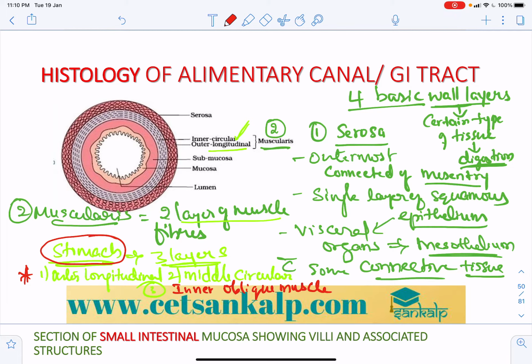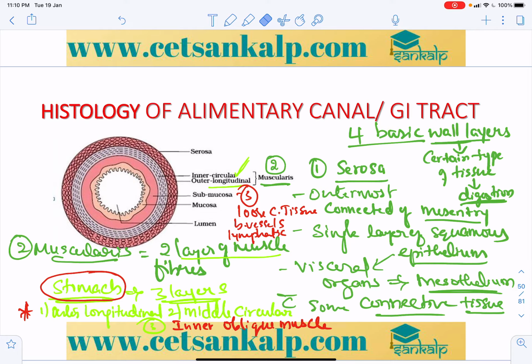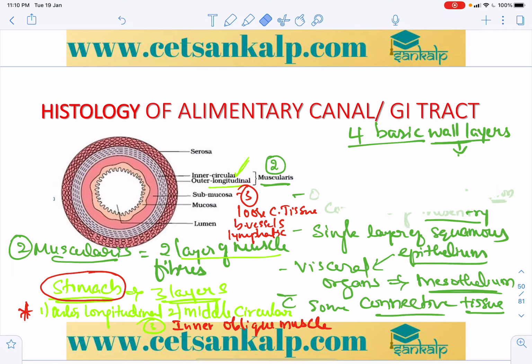Next, the third layer is submucosa, which is mainly made up of loose connective tissue, and there will be a supply of blood vessels, lymphatic vessels and nerves. Let me erase the serosa layer so that I can write.